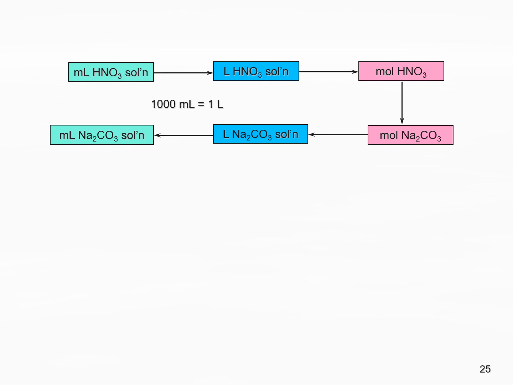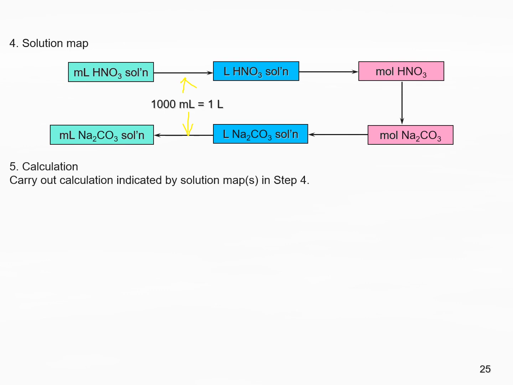Of course, this one for both arrows. So that's good for this arrow, and this is also good for this arrow. All right, so we have 1, 2, 3, 4, 5 steps of conversion. So that is what we call a solution map for this question.